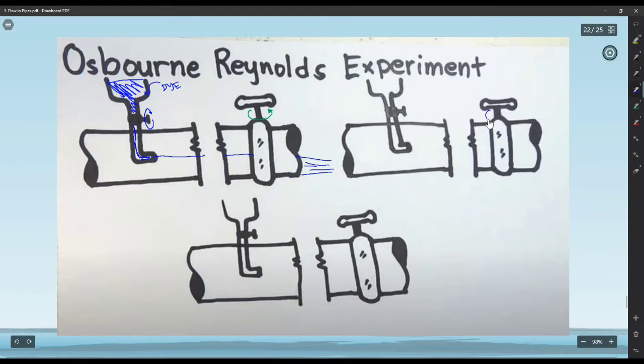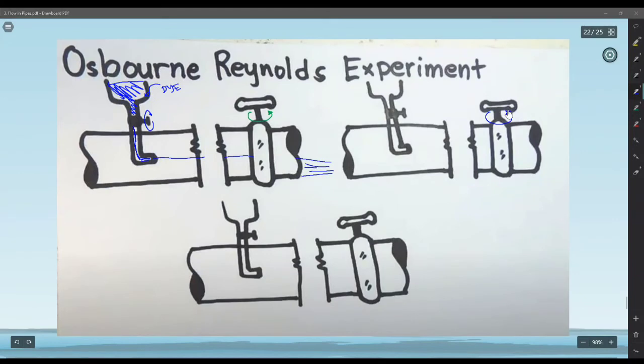Ngayon, habang binubuksan mo yung bukasan ng tubig or yung iyong bulb is gradually opened. So, ayan. So, mas binuksan mo pa siya.